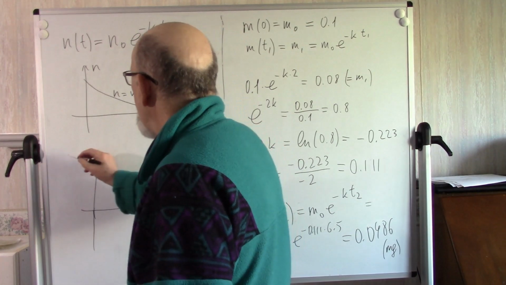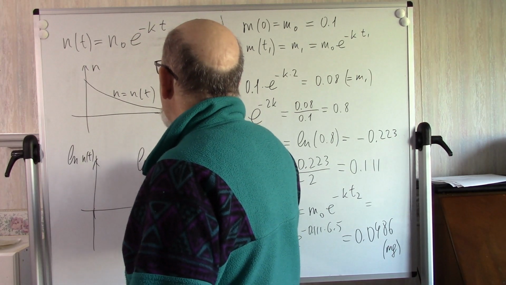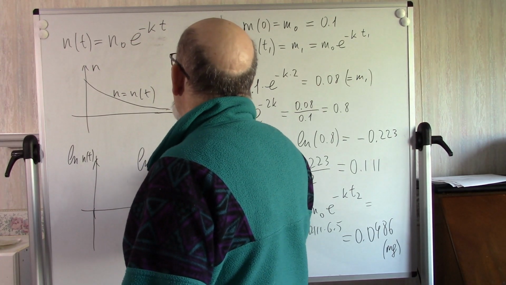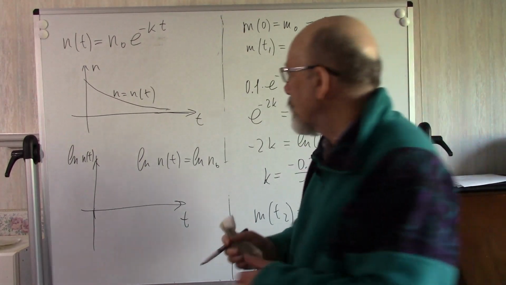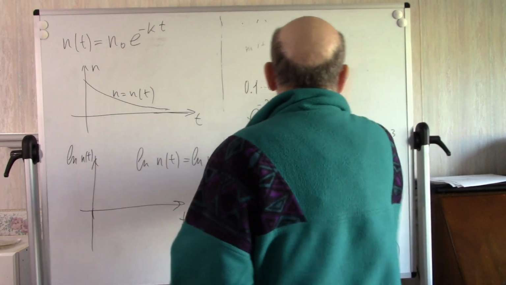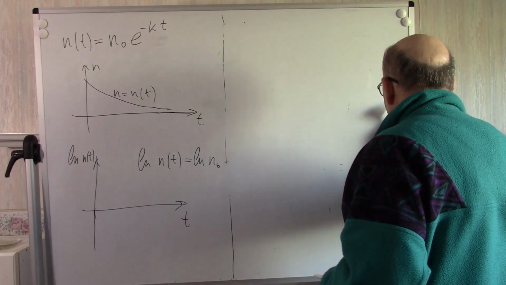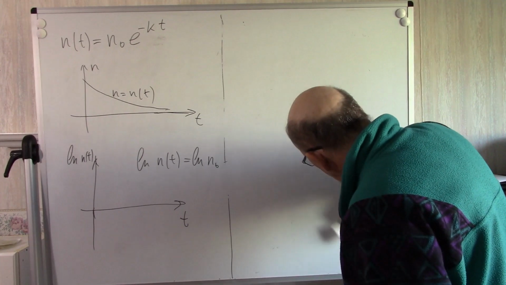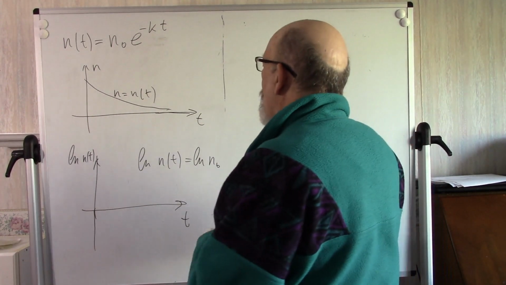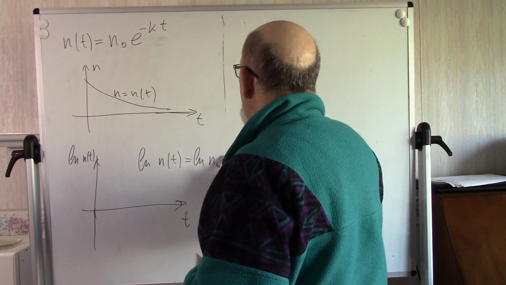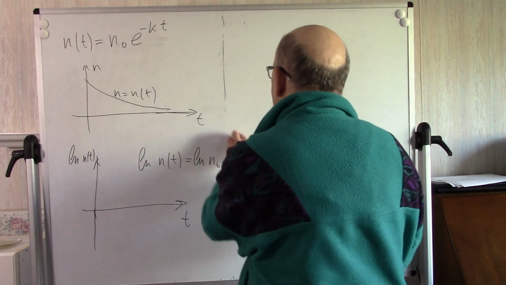We can write here logarithm N of t equals logarithm N0 minus kt.